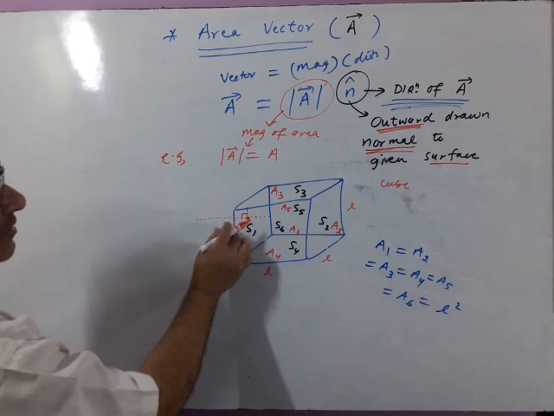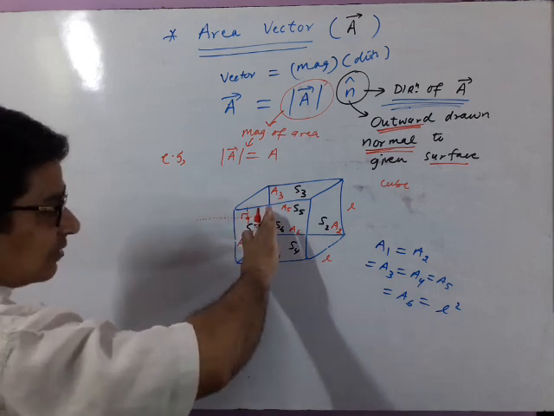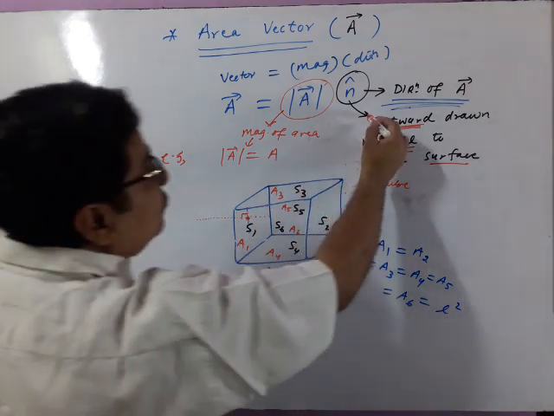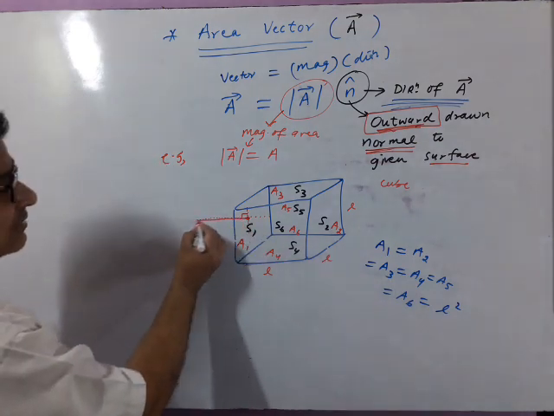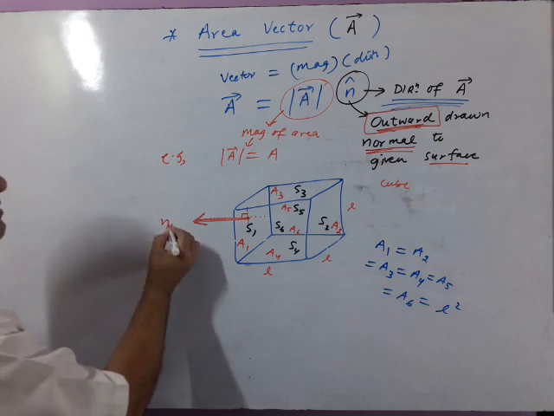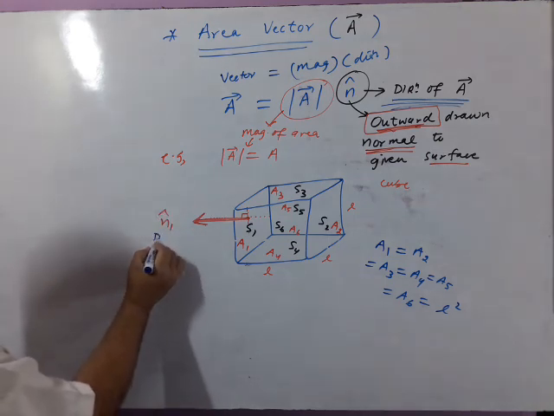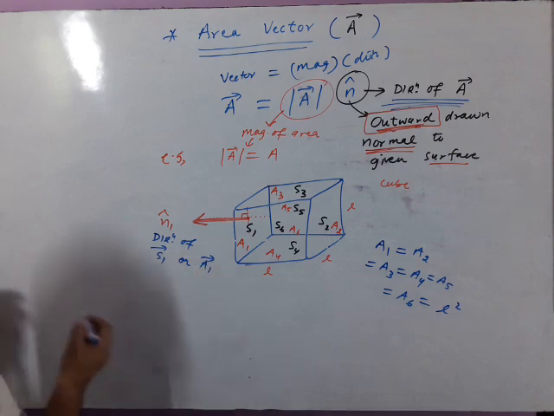Now you have two options: into the cube, inwards, or out of the geometry, outwards. So the answer is it is outwards. So we will write this outward direction as n1 cap. This is the direction of S1 vector or area 1 vector.